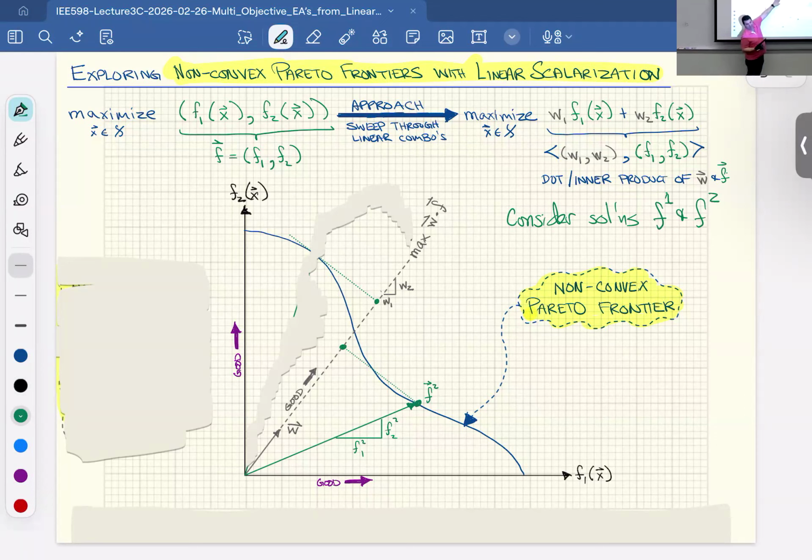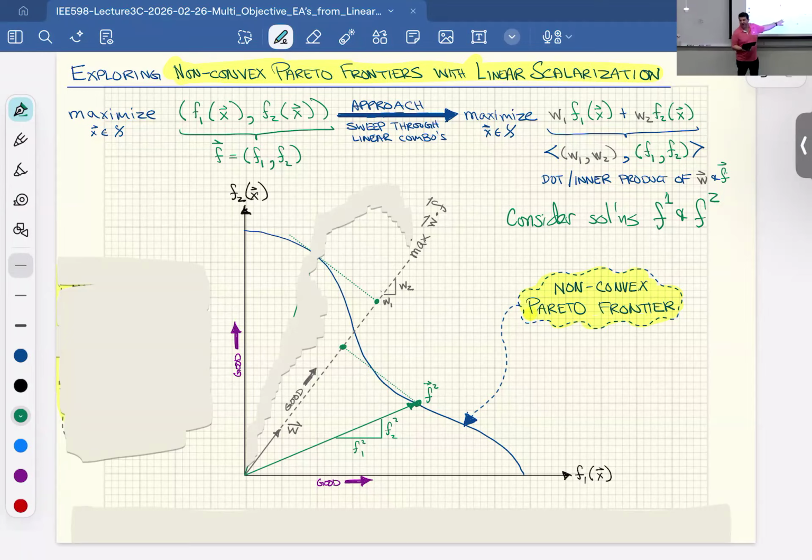There is an F1 up here that I haven't uncovered. So F2 is a solution, not F squared. This is the first component of F2 and the second component of F2. Wouldn't it miss off a solution? That's what we're going to get to. That's exactly the problem we're going to get to.